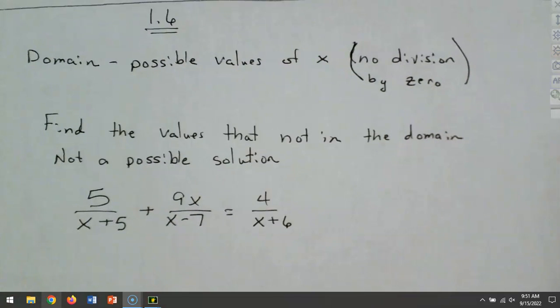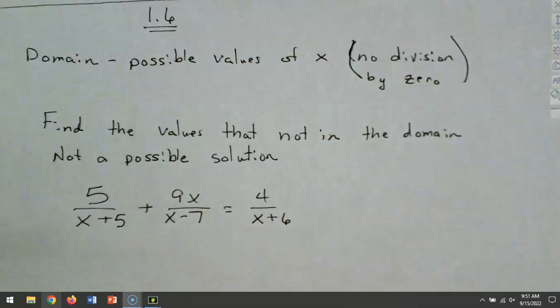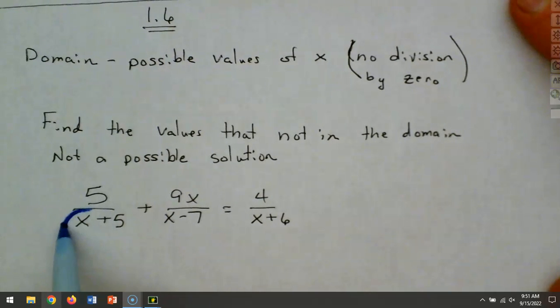So what we've got, and we're not going to be solving this. Okay, so we're not solving these right now. We're just figuring out what numbers cannot possibly be an answer. Now, what we cannot have is division by 0. So what we need to do is look and see where we would get division by 0. And so we look at our denominators. We don't care about the numerators at all.